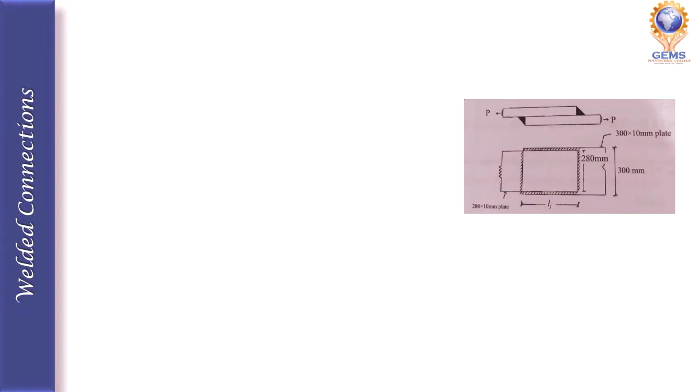We have to find the size of the fillet and the effective length of the fillet weld. Size we can directly find by the thickness given. So the S minimum is 3 mm, the thickness is 10 mm, and S max depends upon the edge of the fillet weld.